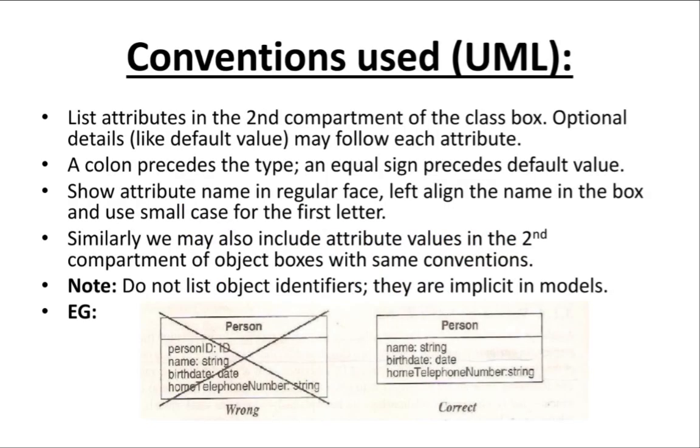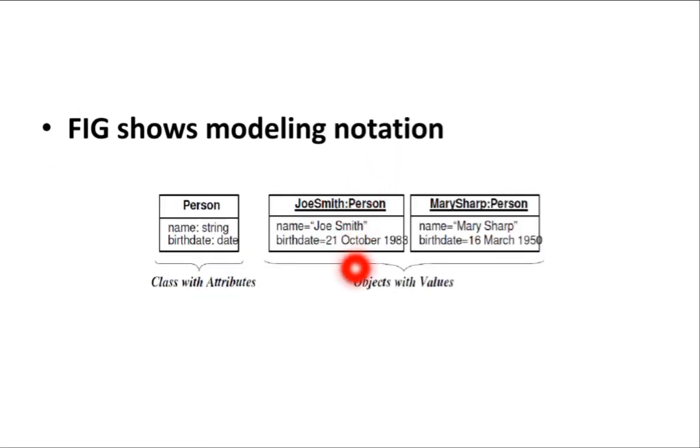Next, conventions. You list the attributes in the second compartment of the class box. Attribute details are included in the second compartment, while class name and object name are in the first compartment.